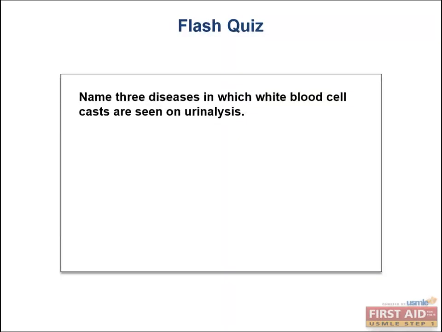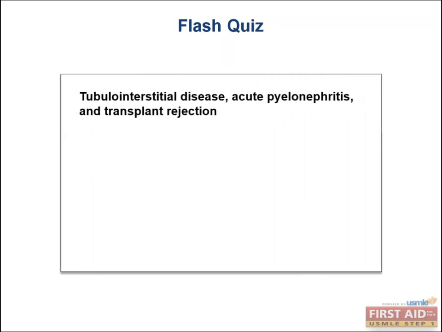Name 3 diseases in which white blood cell casts are seen on urinalysis. The answer is tubulointerstitial disease, acute pyelonephritis, and transplant rejection.